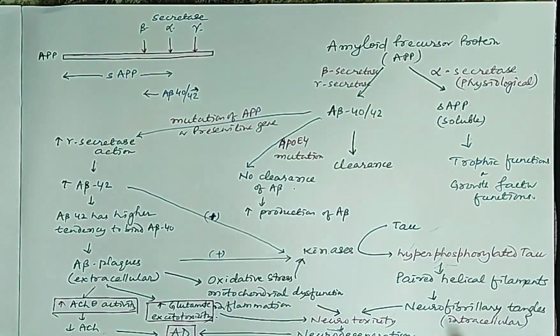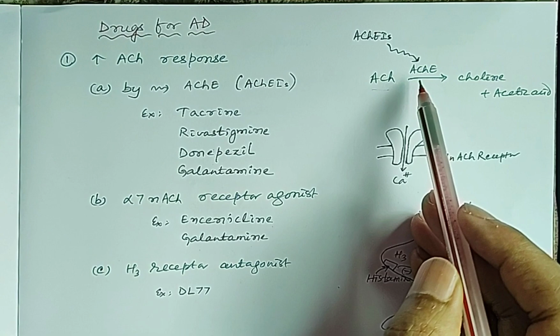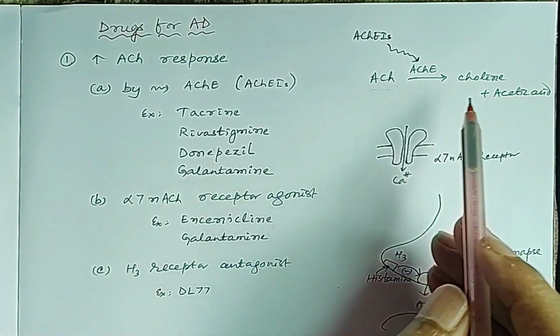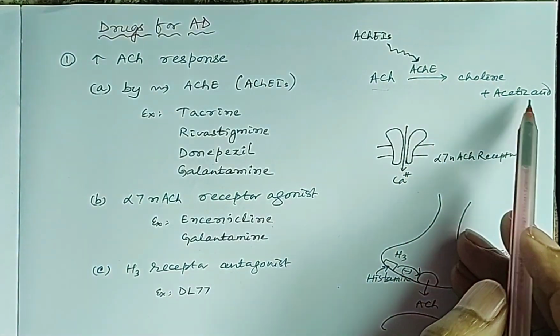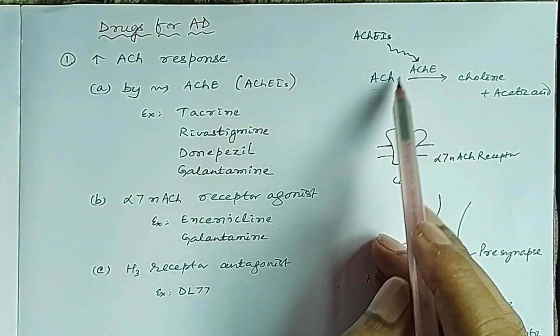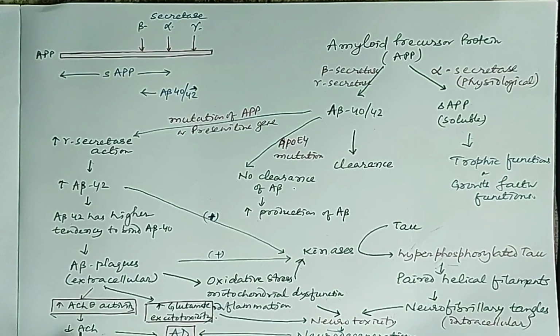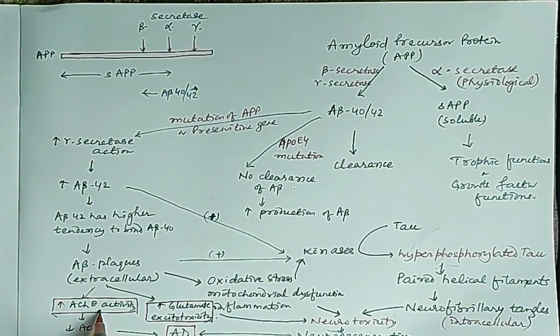Now, how can we use drugs? We can use drugs which inhibit acetylcholinesterase. As you know, acetylcholinesterase is the enzyme which degrades acetylcholine to choline and acetic acid, and by inhibiting this enzyme, you can increase the level of acetylcholine. Most of the FDA approved drugs belong to this category.